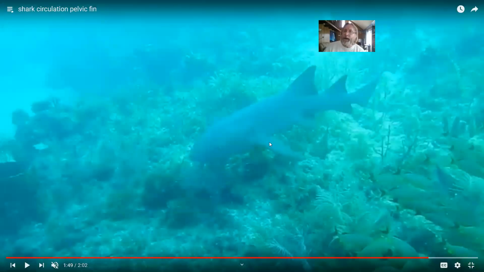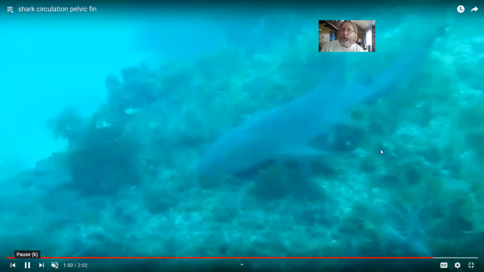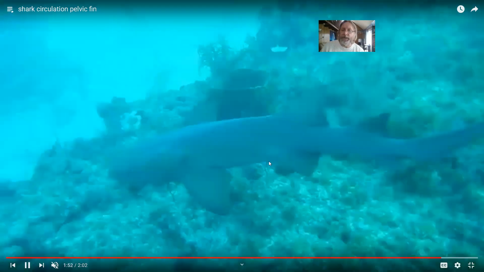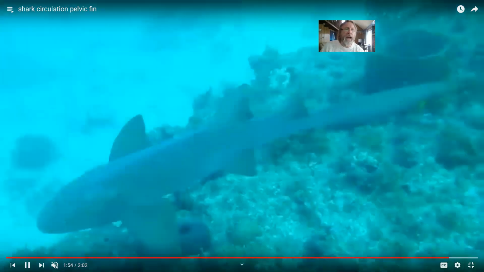In addition to pectoral fins, which are present in some fossil jawless fish, jawed fish have pelvic fins as well. And so there are arteries which service them.